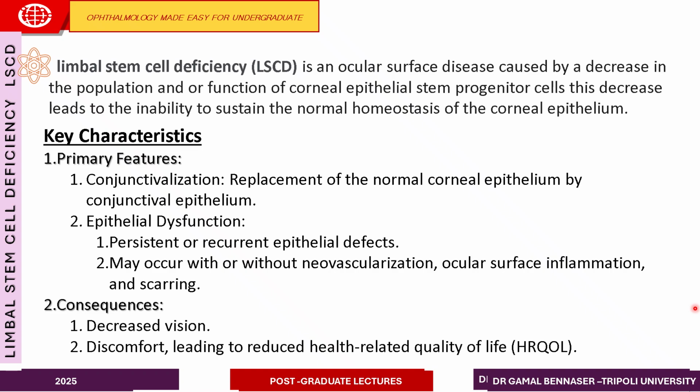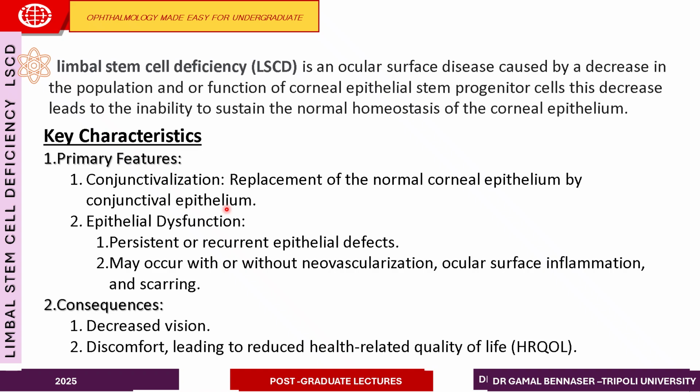So limbal stem cell deficiency is an ocular surface disease characterized by a decrease in the function and the population of the epithelial stem cell progenitor, leading to defective or abnormal homeostasis of the corneal epithelium. The key characteristic feature of this disease, as you will see later on, is the conjunctivalization of the corneal epithelium, because the limbal stem cells act as a barrier to prevent the overgrowth of the conjunctival epithelium over the cornea.